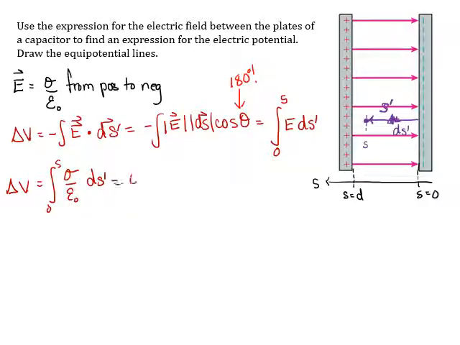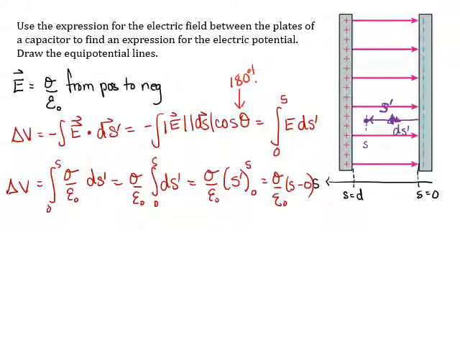Constants come out front, and that's sigma and epsilon naught. Both of those are constant. So we've got the integral of ds primed over our limits. The integral of ds primed is just s primed. That has to be evaluated at our limits of s and 0. So that's going to be equal to sigma over epsilon naught times s minus 0.